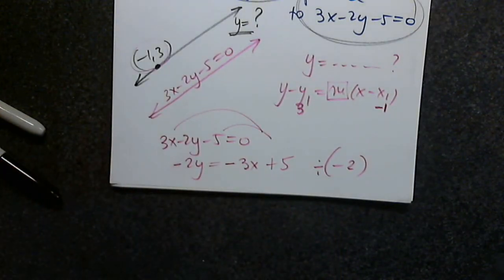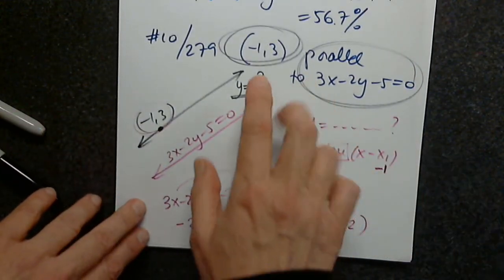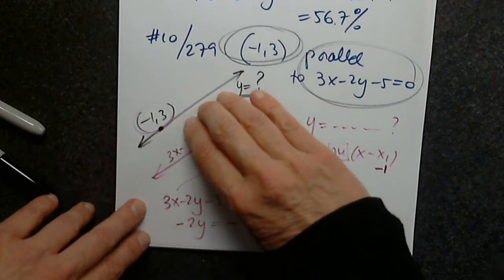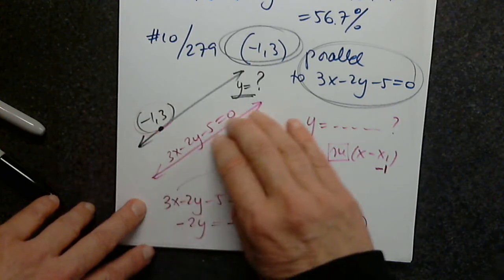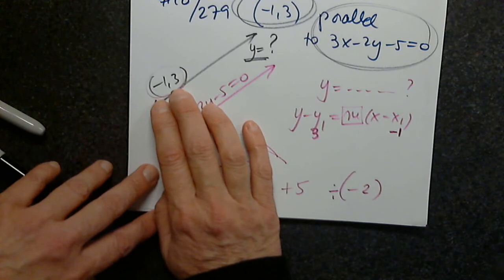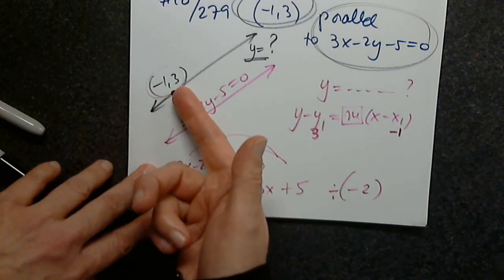So let's slow down for a moment. Let's talk about this, and we will finish it up in a second. I was given a point and a line. I was told to find the equation of the line that passes through this point and is parallel to the given line. I look at the point and I say I cannot use y equals mx plus b because this is not (0, 3).